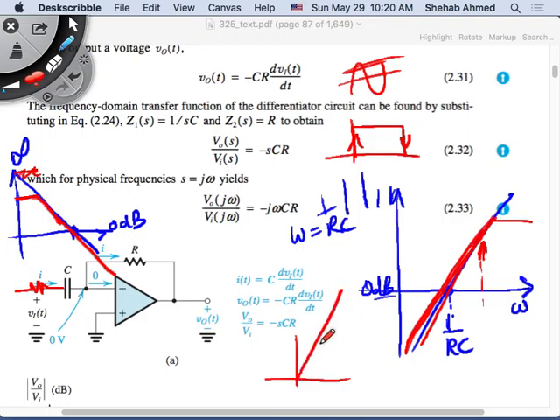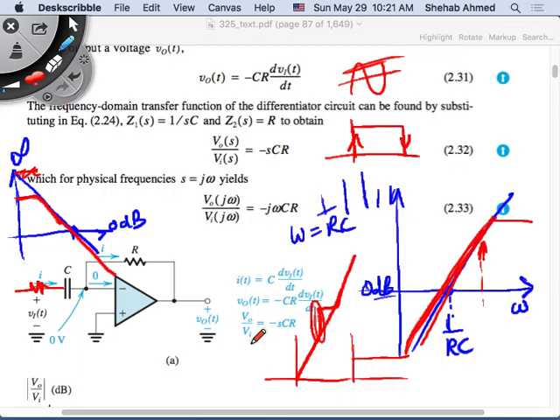What's the differentiation of a ramp? A horizontal line, right? So if you put this through a differentiator, what's going to happen? The high frequency content of this ramp will be amplified even further. Let's say the ramp goes up, then back here. These are extremely high frequencies. They will be amplified and they will saturate your output.